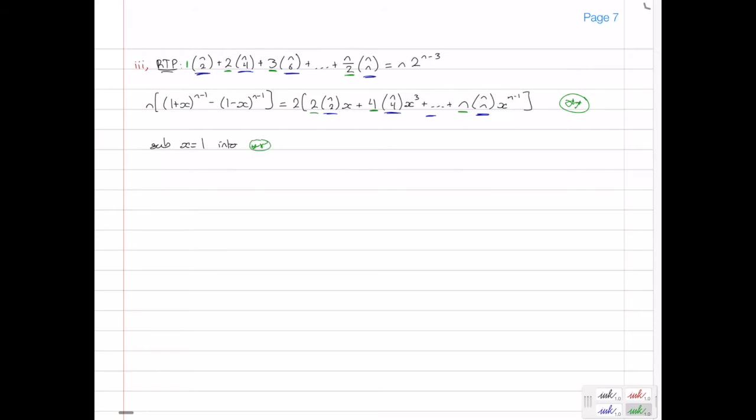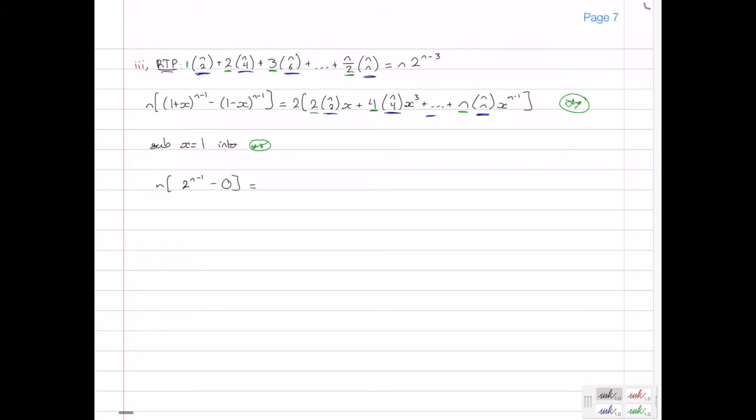And let's have a look at what we get. Okay, so on the left-hand side, I have n times, in the brackets, the first one, I'll have 1 plus 1 to the power n minus 1, so that's 2 to the n minus 1. And I'll have minus 1 minus 1, which is 0 to the n minus 1, so that's just going to be 0.